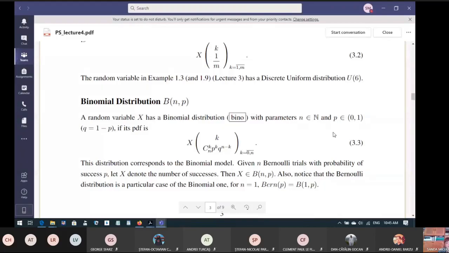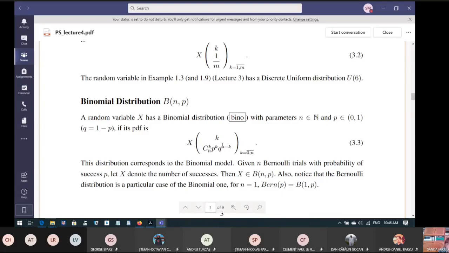They're the same parameters that the binomial model had. That is, n is the number of trials, taking natural numbers, and p, the probability of success, takes values between 0 and 1. And whenever there's a p, there's also a q, the probability of failure, 1 minus p. So a random variable has such a distribution if its PDF is given by this.